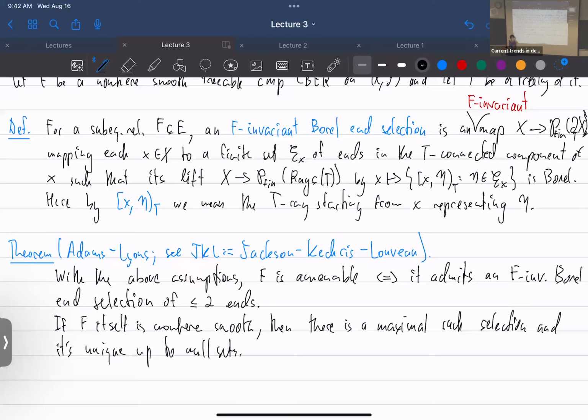Okay, so each class chooses 1 or 2 ends, and it can't choose more ends. If it chooses 1 end, it can't choose 2. There is no selection of 2 ends for the same class. Almost surely any other end selection would be a subset of this one. That's what I mean by maximal.